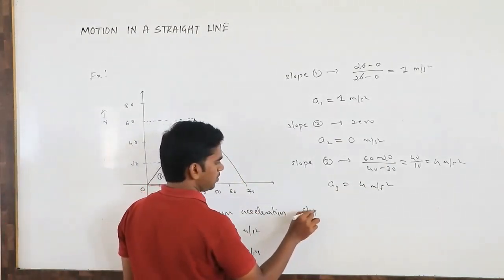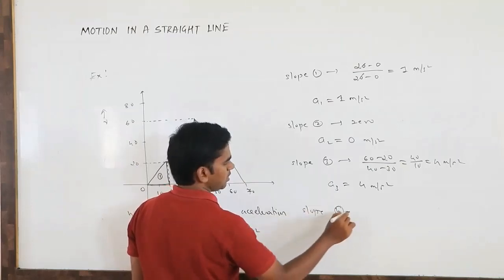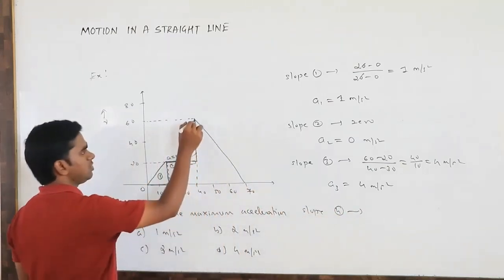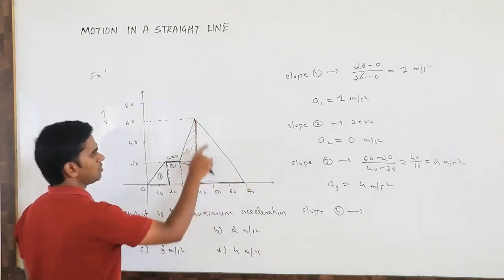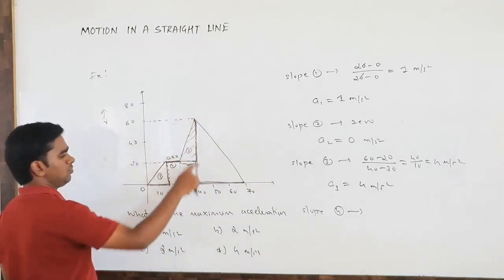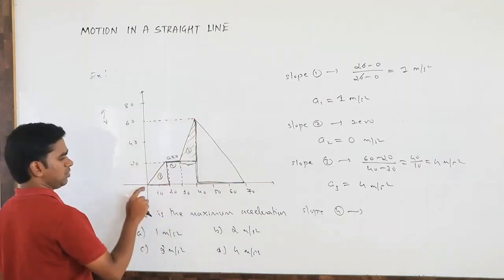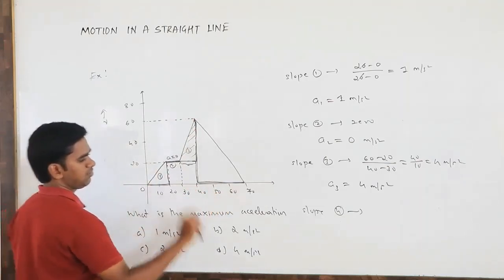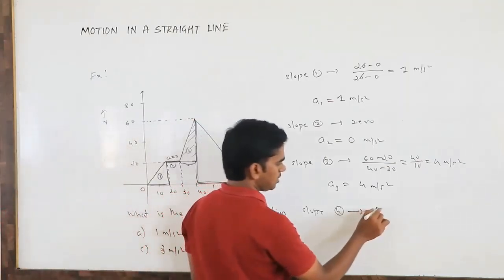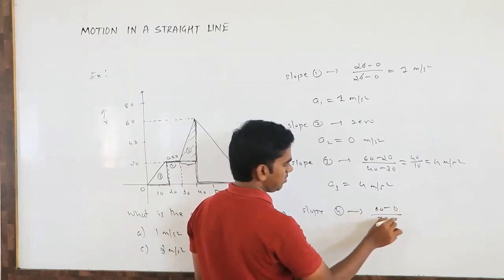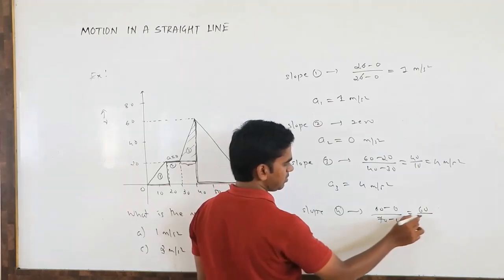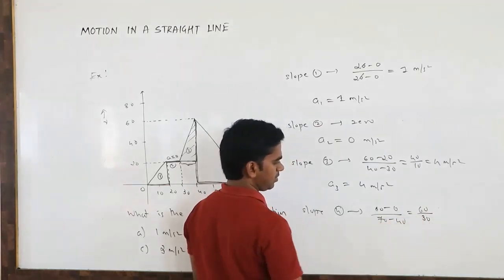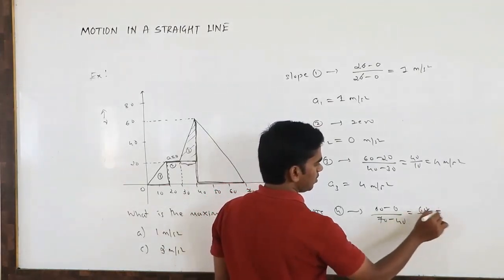Now slope 4. Slope 4 is this one. This is what your slope 4 from here to here. Slope 4 is 60 minus 0, 70 minus 40. So 60 minus 0, 70 minus 40. That is 60 divided by 70 minus 40 is what? 30. Okay. So this will go 1, 2.